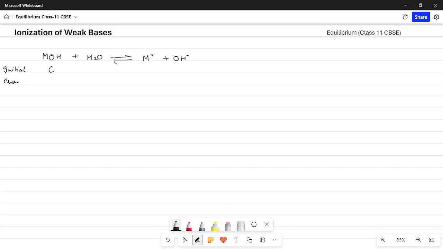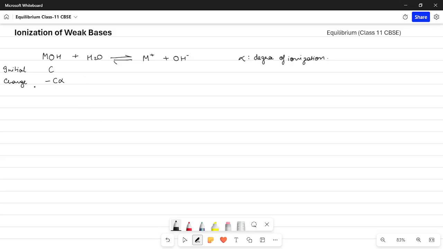The change in concentration will be minus C alpha. The reason we're saying C alpha is because C is the concentration and alpha is the degree of ionization.